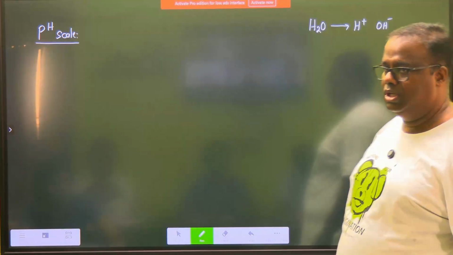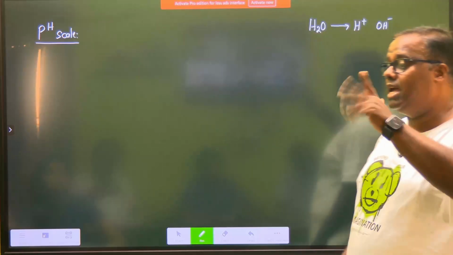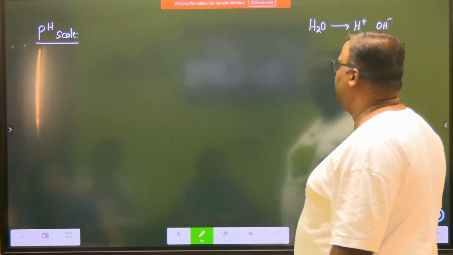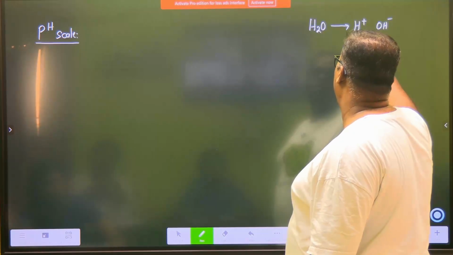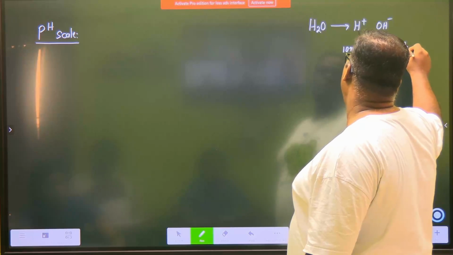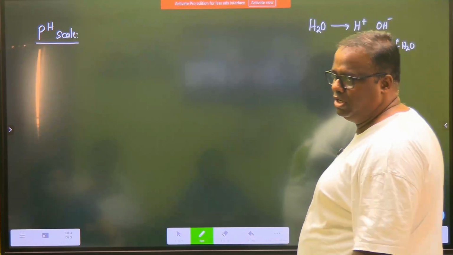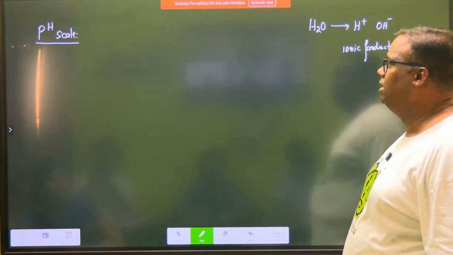Water being neutral, the count of H plus and the count of OH minus exactly match each other. And in grade 11, you will study something called the ionic product of water, which is 10 to the power minus 14. Don't break your head on that.